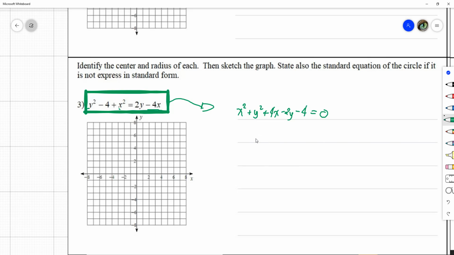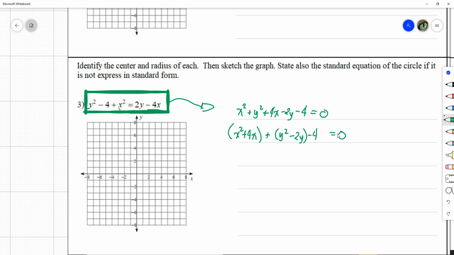Now let's transform this one into standard form. To do that, we have to group the terms with common variables. So we have x squared plus 4x grouped, and then plus another group, y squared minus 2y, minus 4 equals 0.